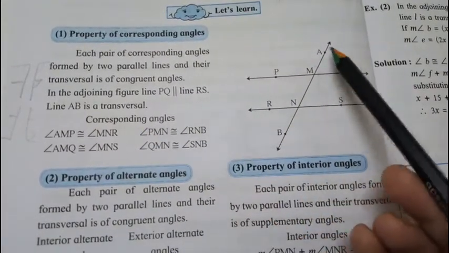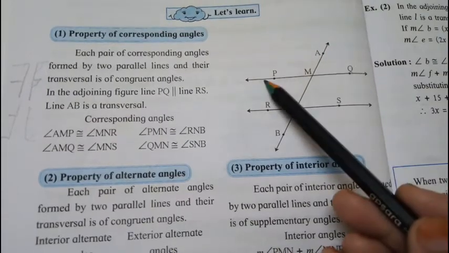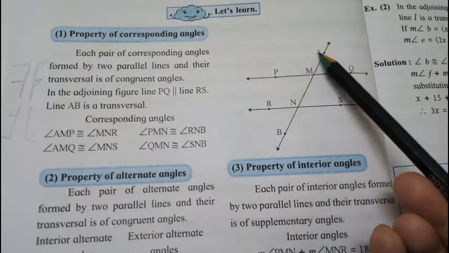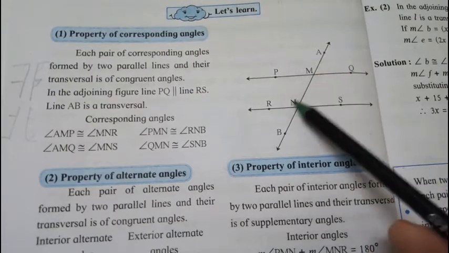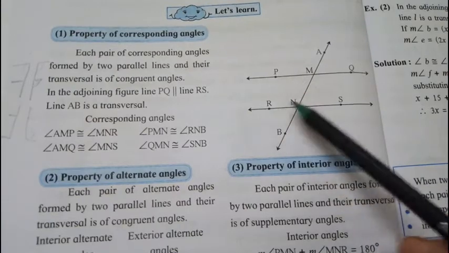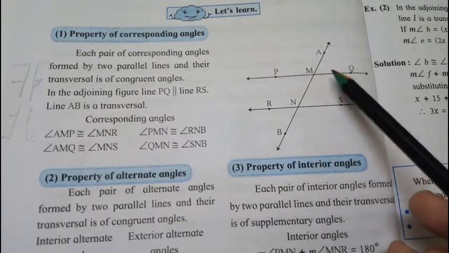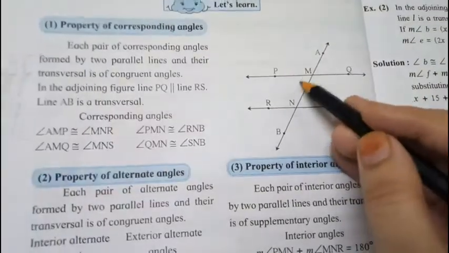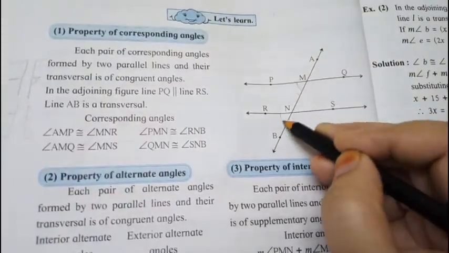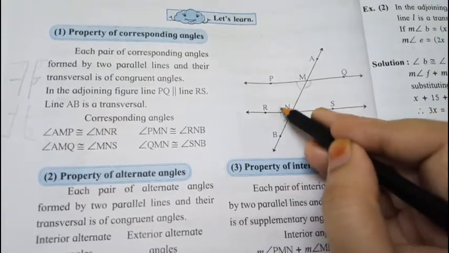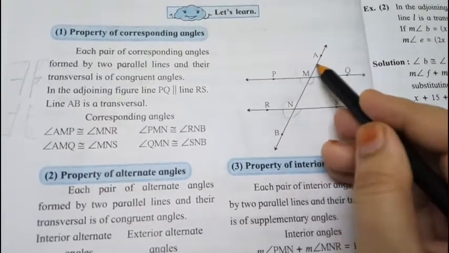Corresponding angles: angle AMP will be congruent to angle MNR. Likewise, angle AMQ is congruent to angle MNS, angle PMN is congruent to angle RNB, and angle QMN is congruent to angle SNB. These angles are congruent.